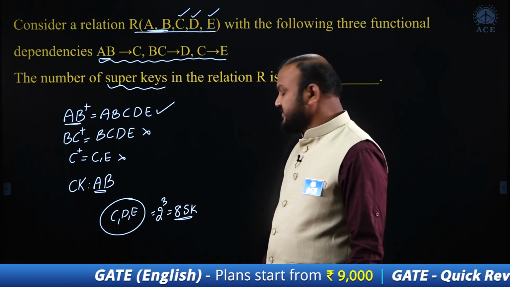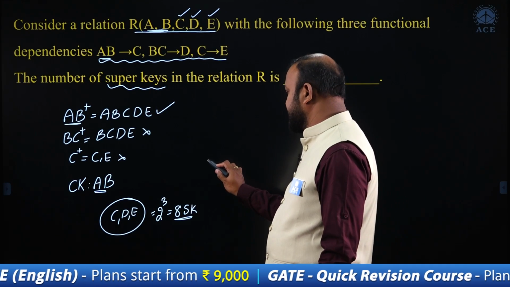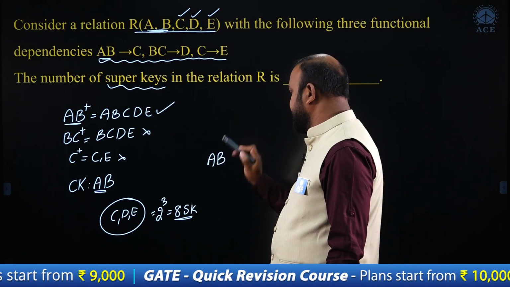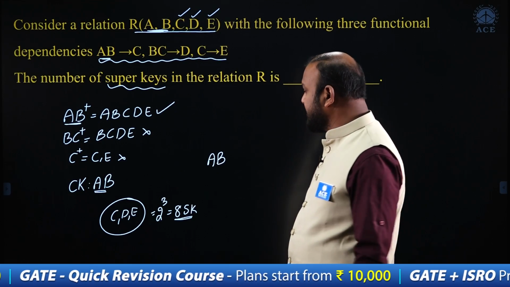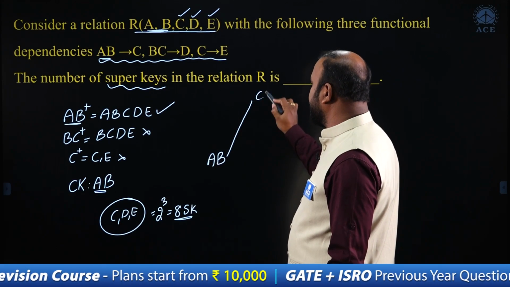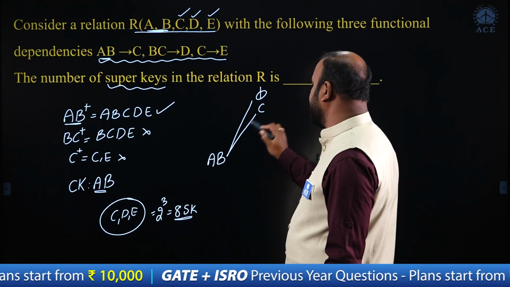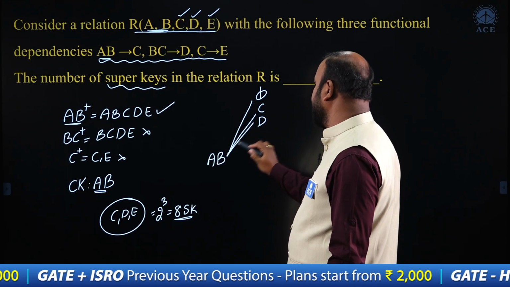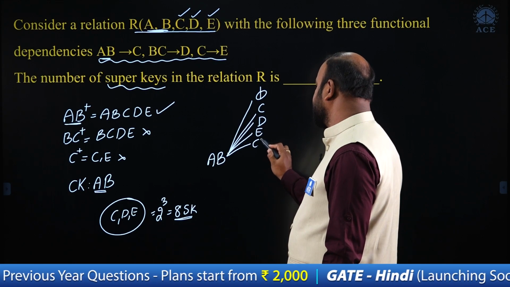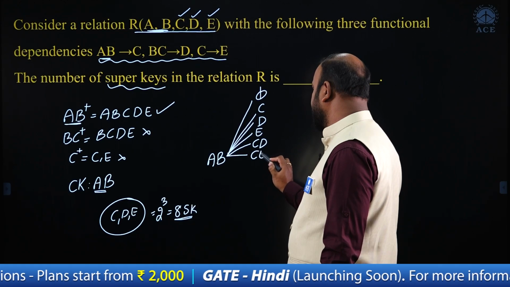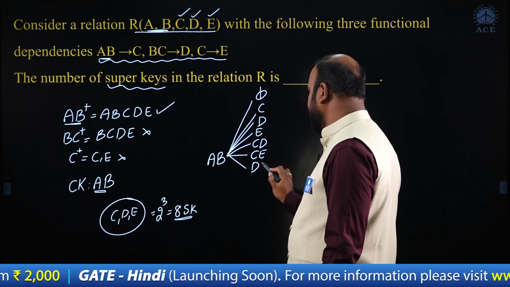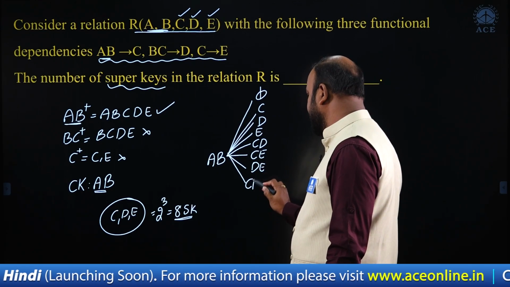The number of super keys will be 8 super keys. How? Look at, AB is a candidate key. And what are the non-prime attributes? C, D, E. What are the possible combinations of C, D, E? Phi, C, D, E, CD, CE, DE and CDE.